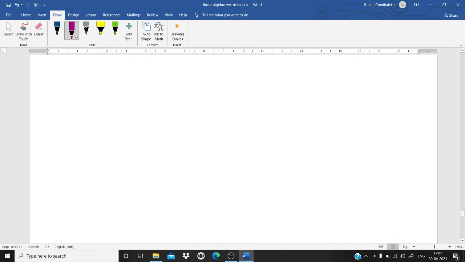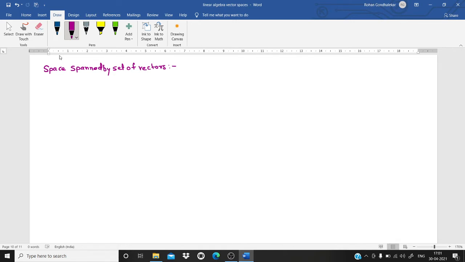Before I proceed, I must define one small concept, that is the space spanned by a set of vectors, just for your understanding.